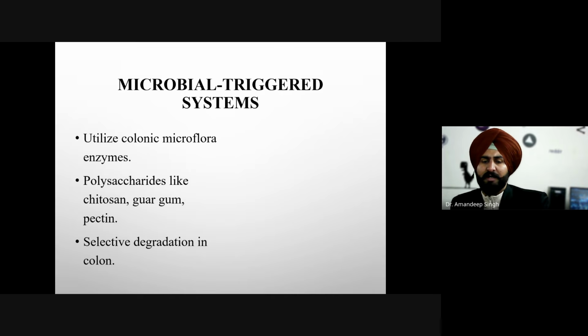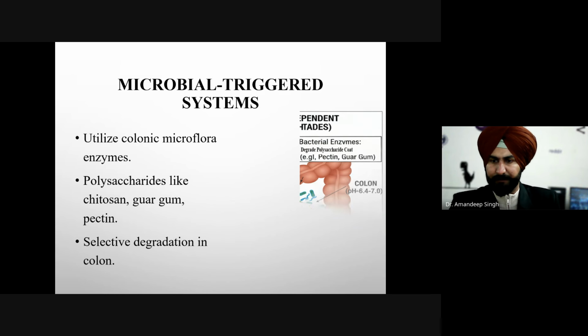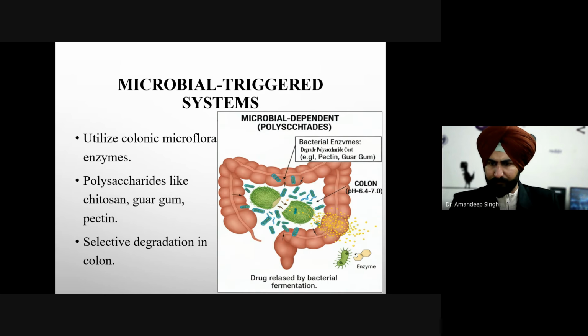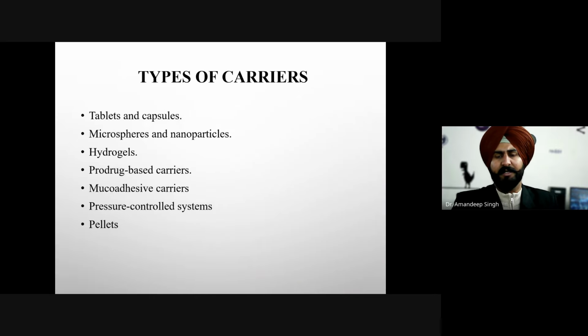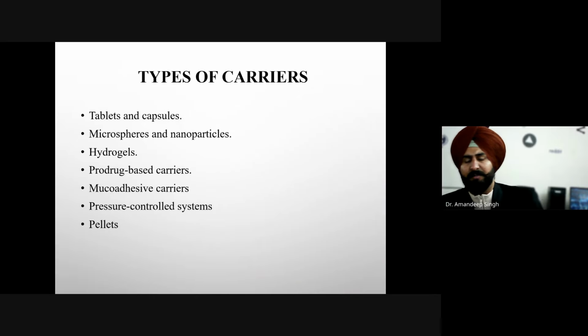Particular colonic enzymes are available in the colon site. As the drug reaches the colon site, they will degrade and easily show the therapeutic action at the target site. When we talk about the drugs, bifidobacterium and other various enzyme-based systems are used for this.